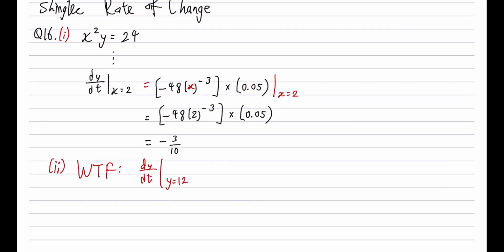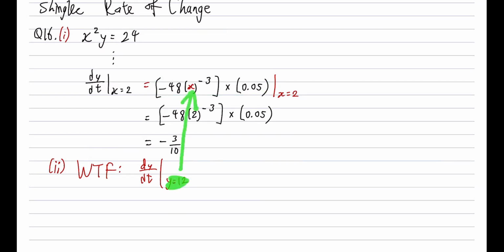Actually, there's a very, very simple way to do this. Okay, y equal to 12 is a problem here because the formula you found involves what letter? Is it y? No, it's the letter x, a variable x. But we got y equal to 12. How do you link from y to x?